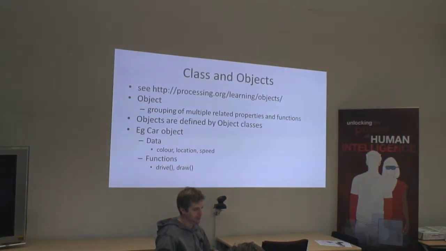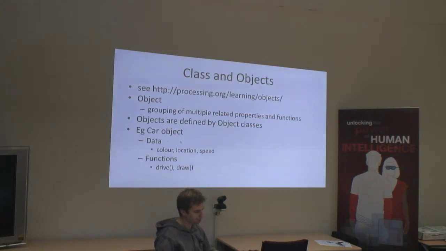Objects group together multiple related properties and functions, so for humans, height, weight, whatever else, and functions like sleep, eat, whatever. Objects are defined by object classes, so we write a definition of an object, what things are particular to that object, and then when we create an object, we fill out the things. So all of us here might have the same person object, but when we create an Adrian person, we set his height to this, his weight to this, and so on.